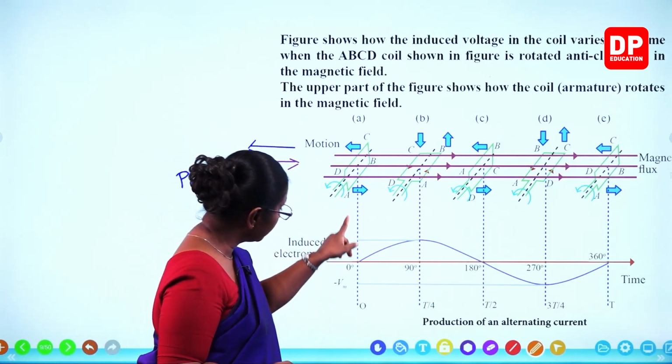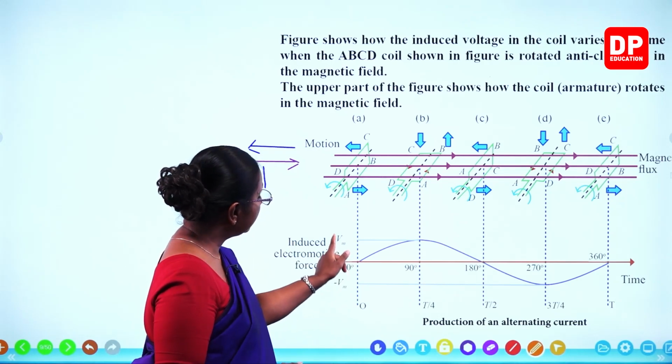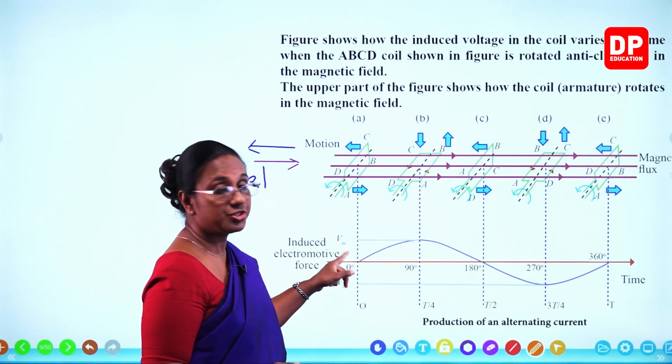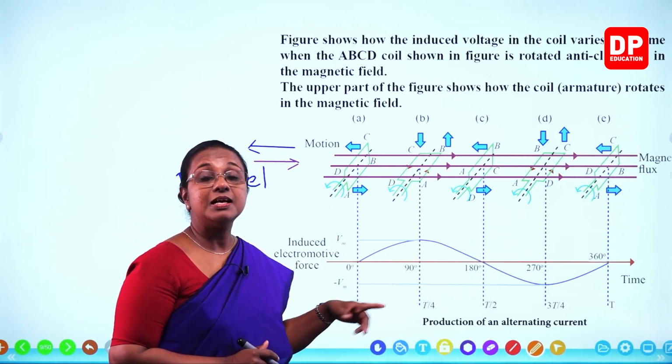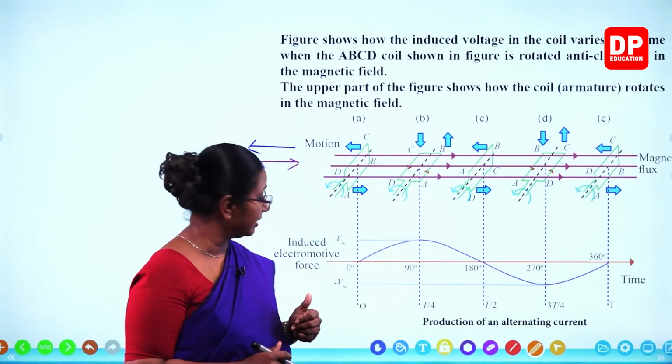So that is what is shown in the graph. Induced electromotive force, Vm. Electromotive force M. V is potential. So you know this is denoted as Vm because the electromotive force is induced due to the fluctuation in the magnetic field.